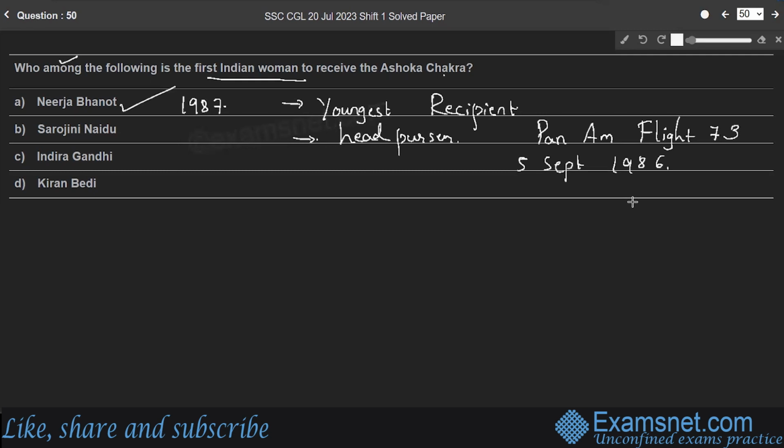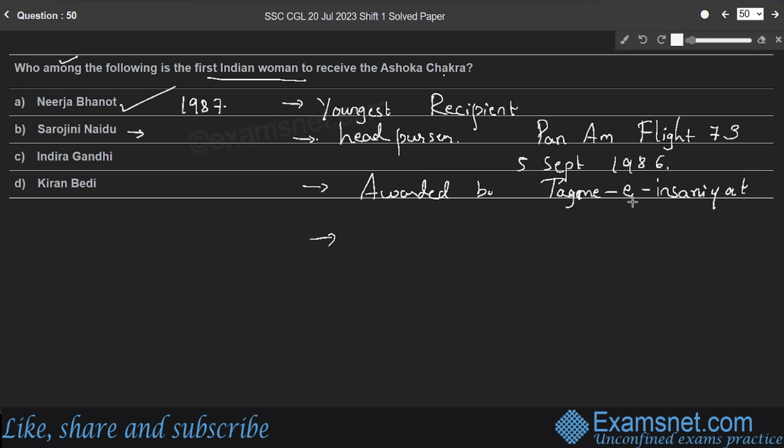She was also awarded the Tamgha-e-Insaniyat, a Pakistani award by the Pakistan government, the Flight Safety Foundation Award, and the Medal of Heroism of the National Society of the Sons of the American Revolution. Neerja died at the age of 22, just 2 days before her 23rd birthday. Option A is the right answer.